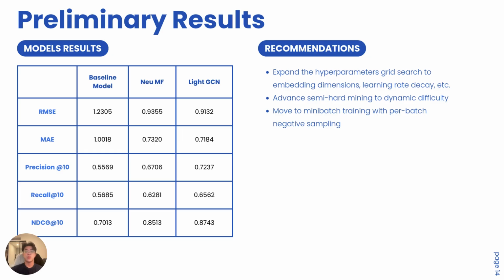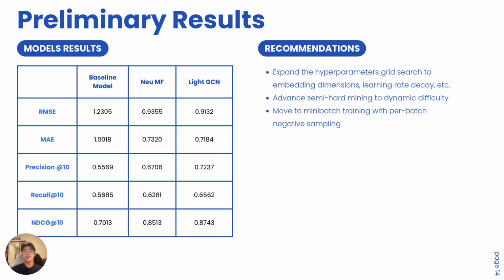Recall at 10 also signifies that 65% of the movies recommended are within the user's top 10 movies. As for NDCG at 10, we can see that from the baseline model, only 70% of the list is an ideal ranking. But now that we're using LightGCN, 87% of the movie list is already an ideal movie list.